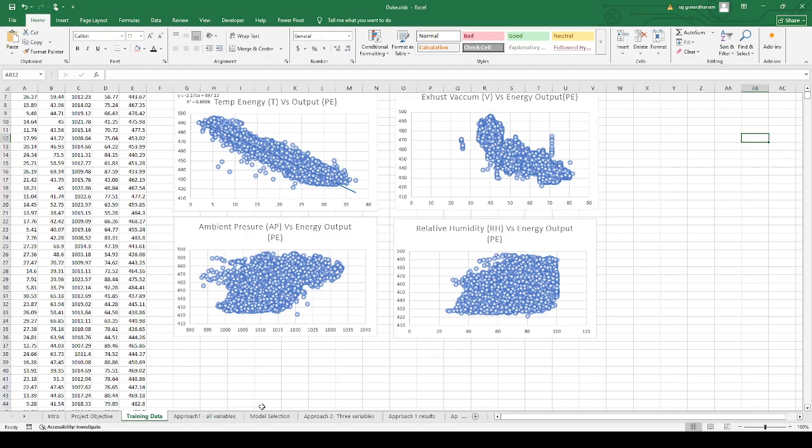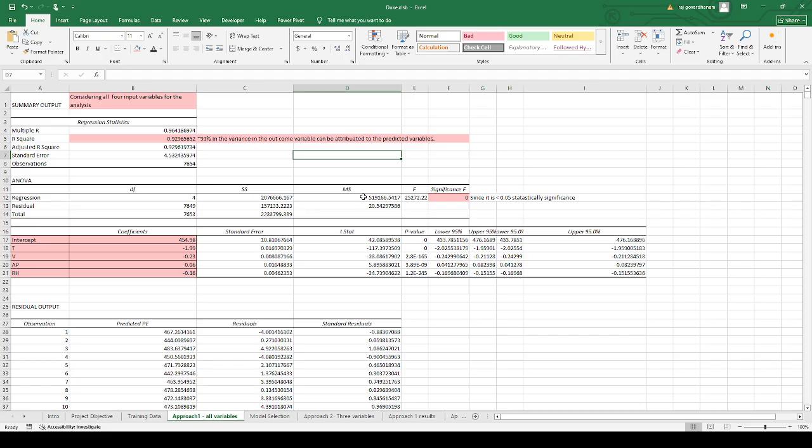Approach 1. After training a multiple linear regression model on 7,654 observations, the following key insights were observed.